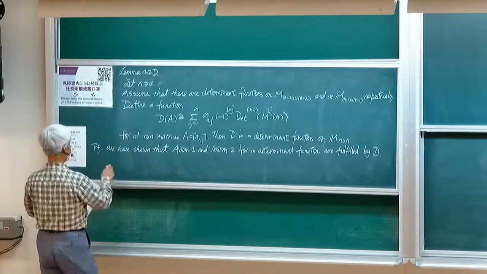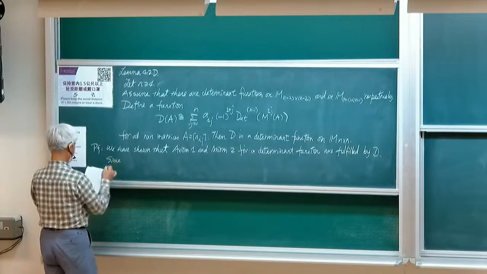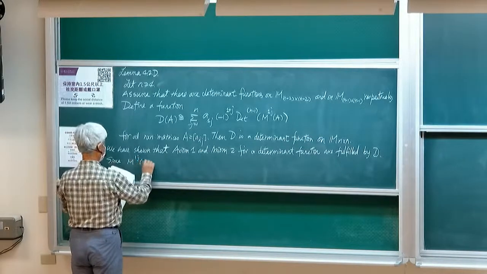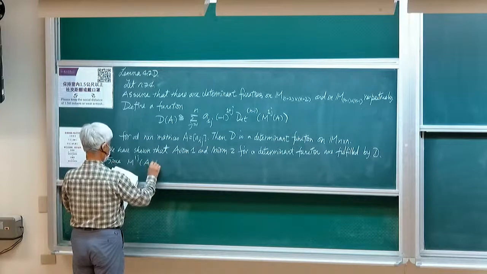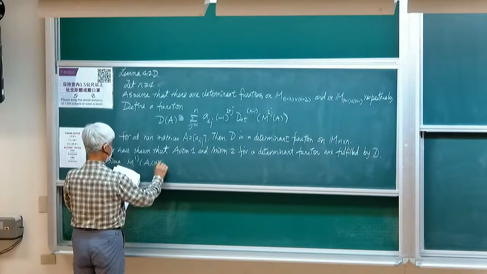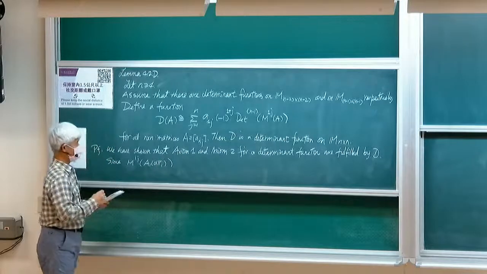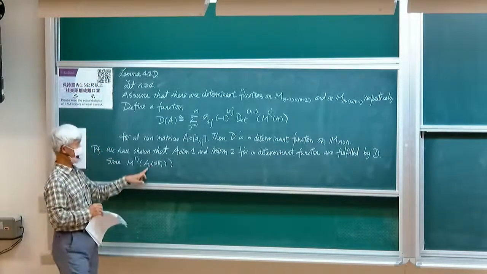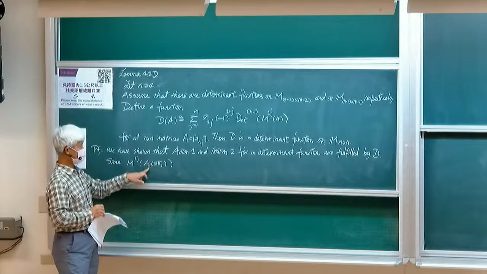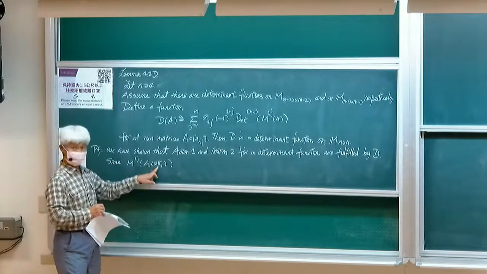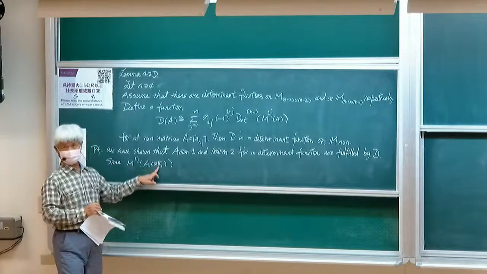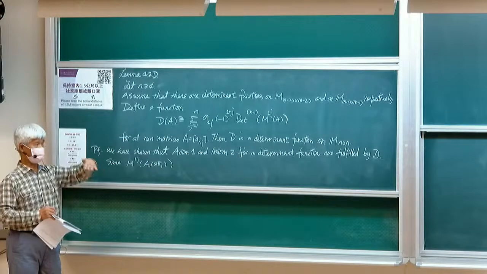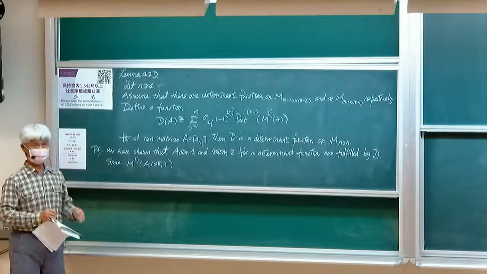All right, so now we continue. Consider M1j of the matrix A with first row replaced by alpha R1. What is that? We replace the first row of matrix A by a multiple of the first row. So this is just to multiply the first row of A by a scalar alpha.